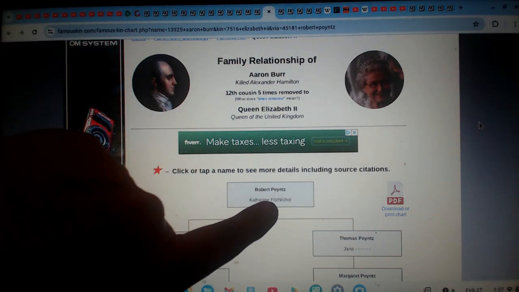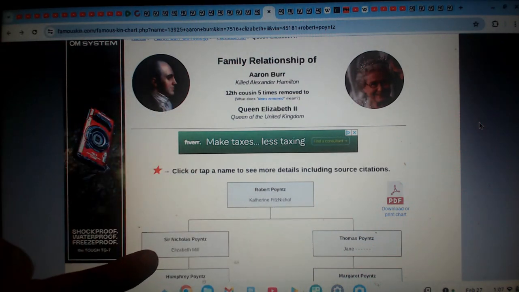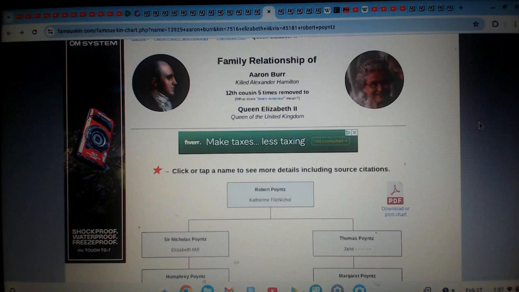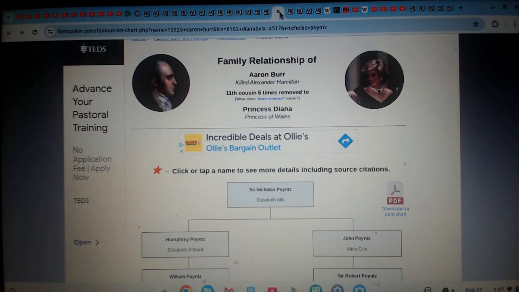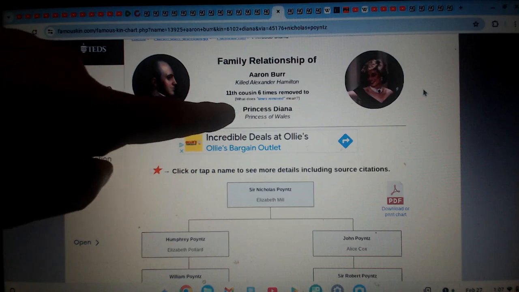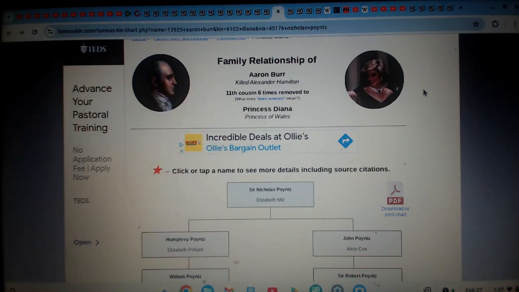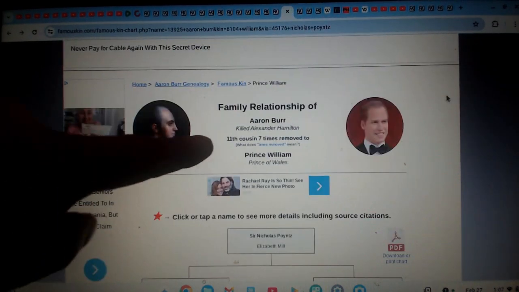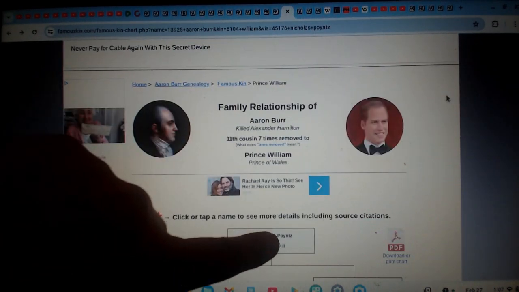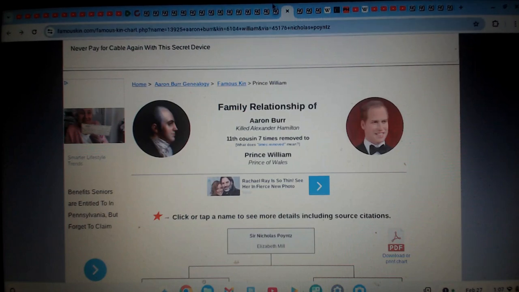Look at this one. This Robert Ponce, but it goes down to Sir Nicholas Ponce and Elizabeth Mill, right, to Elizabeth II. And then from then on, look, you got Princess Diana, Sir Nicholas Ponce, and Elizabeth Mills. And then you got Prince William, Sir Nicholas Ponce, and Elizabeth Mill.